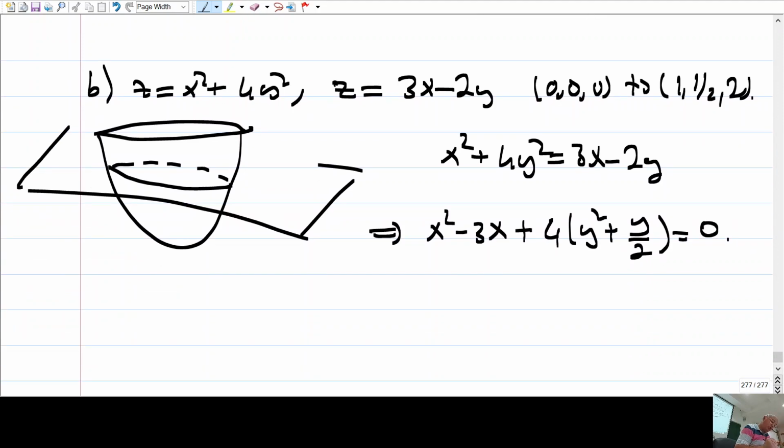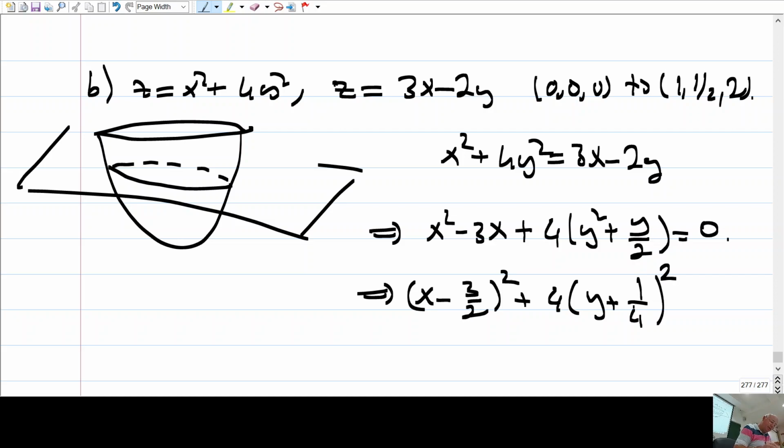Pardon, şurası artı olacak. Bunu şöyle yazabilirim. This is x minus 3 over 2 squared and this is y plus 1 over 4 squared, değil mi? Karesini alırsanız y kare artı y bölü 2 artı bir şey gelecek. Şimdi burada ekstra hangi terim var? 9 bölü 4 var.